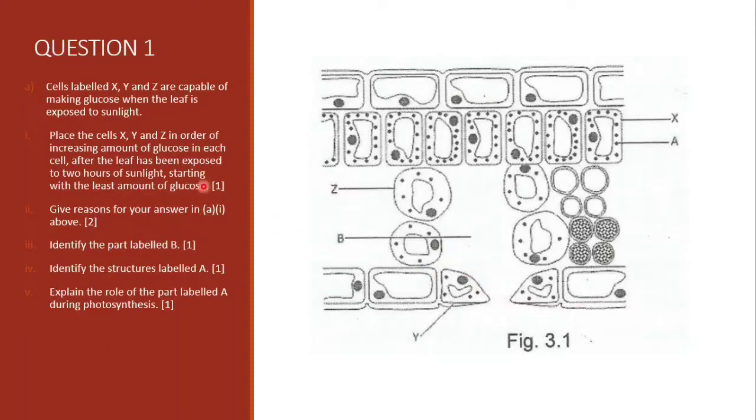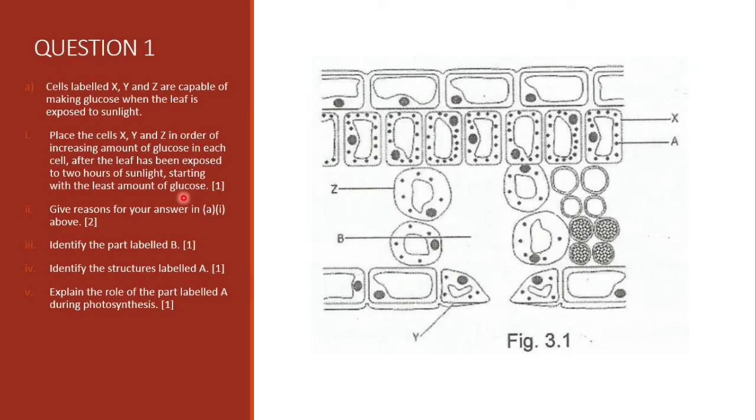So place the cells X, Y, and Z in order of increasing amount of glucose in each cell after the leaf has been exposed to 2 hours of sunlight, starting with the least amount of glucose.